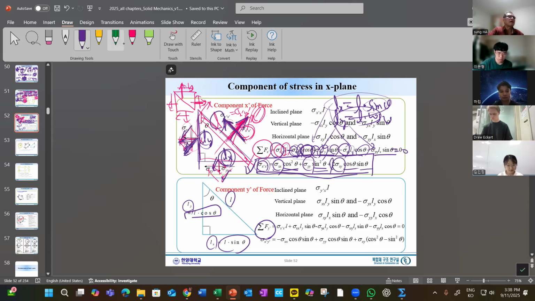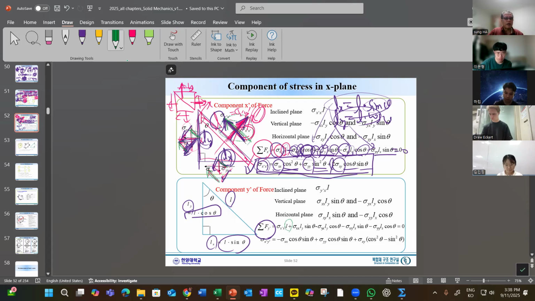So this way means that we can have this component, right? Now we have this component and this component and this component and this component. So this component we need to multiply by L.